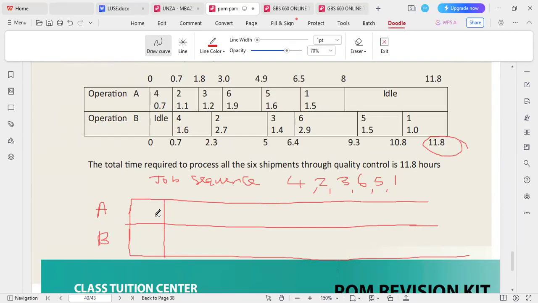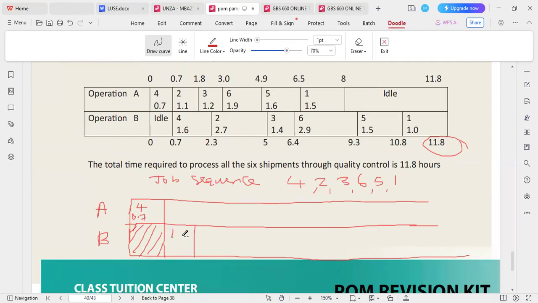So when you're running job 4, and department A is taking 0.7 hours, meaning that here people have idle time, this job now should run in department B to be fully complete.